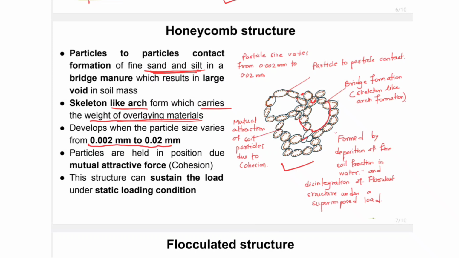And the attraction between the soil particles is due to the strong bonding force between them, and this force is called cohesion.